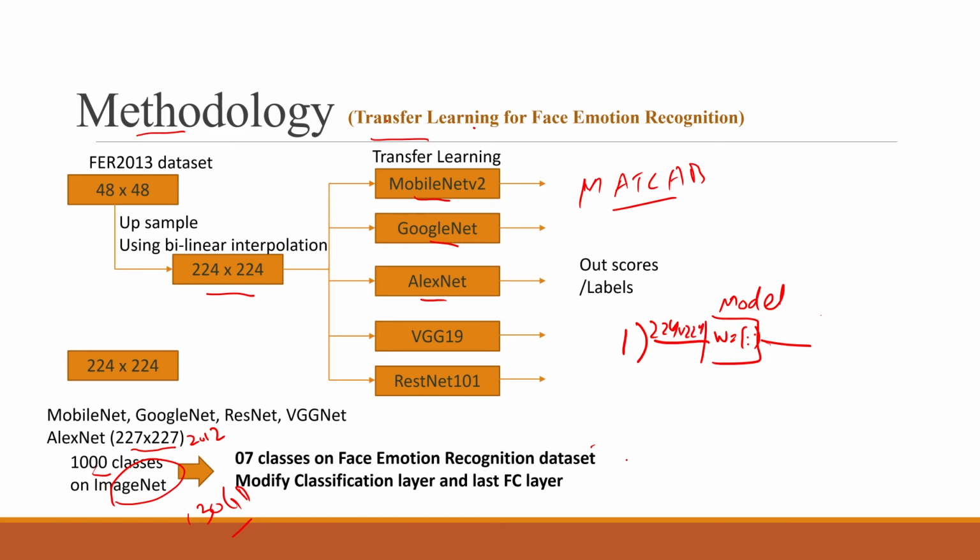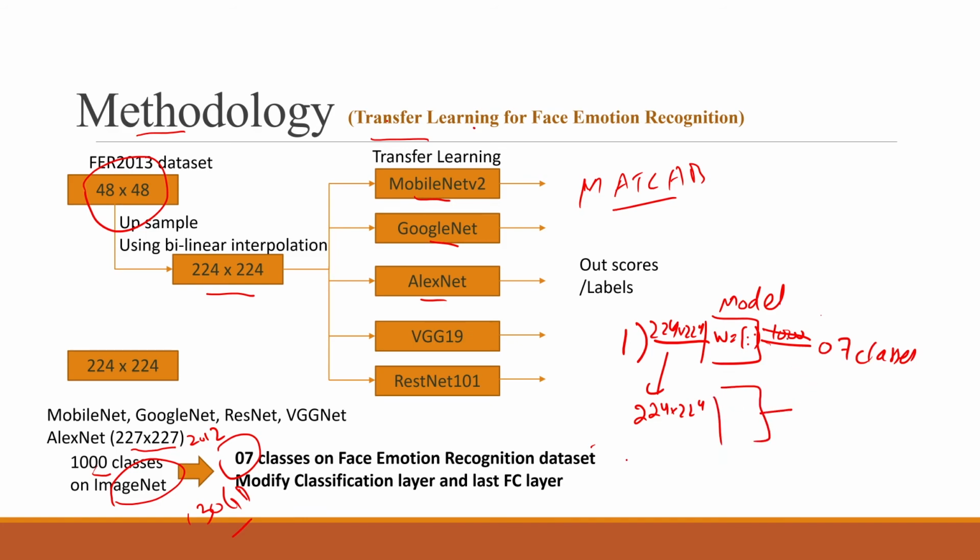Our output size, as it was 1000 previously, 1000 objects. In our scenario, it should not be 1000, while we have 7 classes as we have just discussed. So 7 classes, right? Now how to do it? In this dataset we have 48 by 48 size, so we will upscale 48 by 48 to 224 by 224. Now the input is the same, and then the output we need to modify.